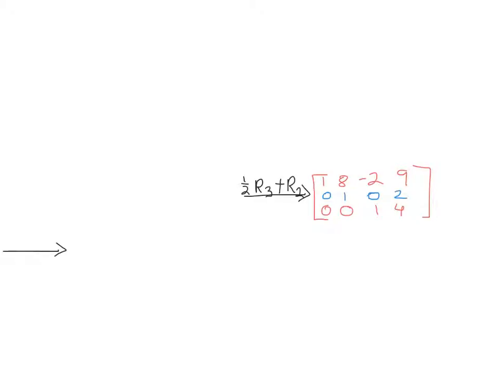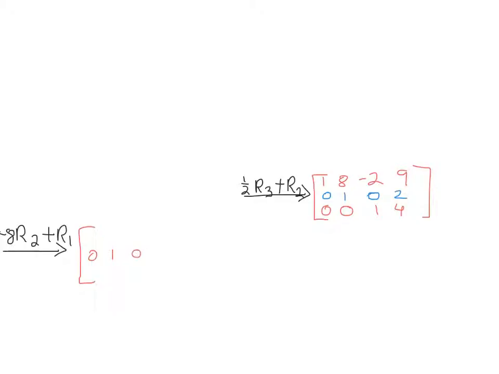Which one do you want to eliminate first, the 8 or the negative 2? The 8? Okay, so then we need to multiply row 2 by negative 8, and then add it to row 1. That's right. So row 2 and 3 stay the same.